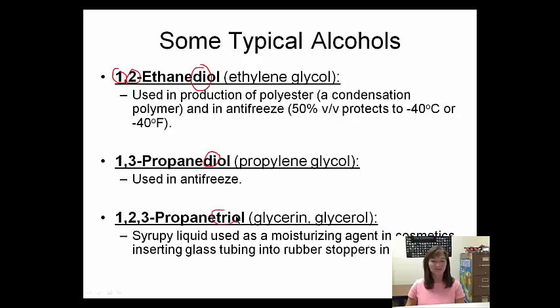1,2,3-propanetriol. So here we have tri, meaning there are 3 hydroxyl groups, found on carbon 1, 2, and 3. This one is also called glycerin or glycerol. It's the syrupy liquid used as a moisturizing agent in a lot of your cosmetics. We use it in labs for inserting glassware into tubing where it's really stiff, so you need it lubricated to slide it in. I'm not going to test you on any of these typical common alcohols you might come in contact with.